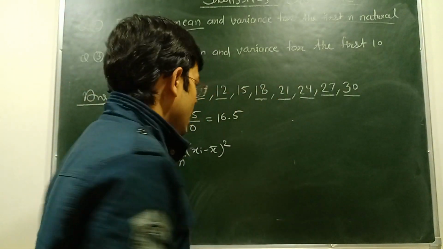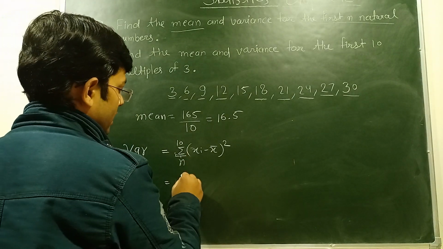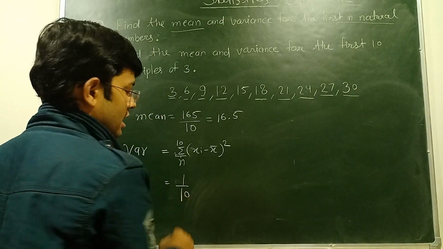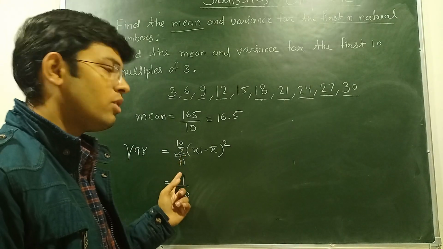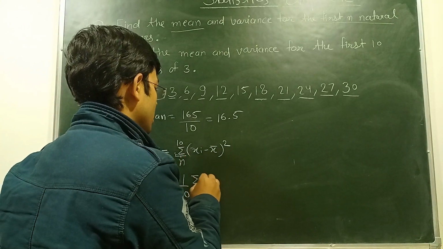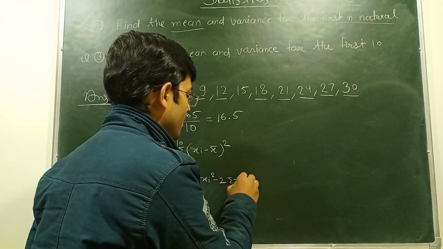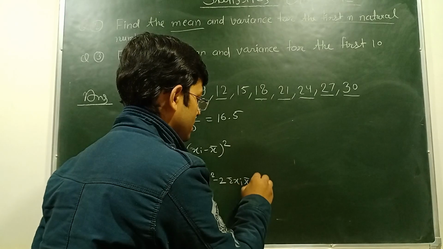And now you have to write 1 upon 10 because there are only 10 terms, so the value of n is 10. And now you have to write sigma xi square minus 2 sigma xi x bar plus n x bar square.